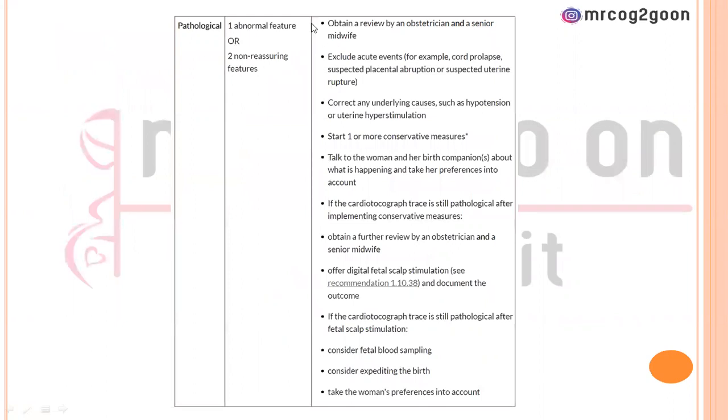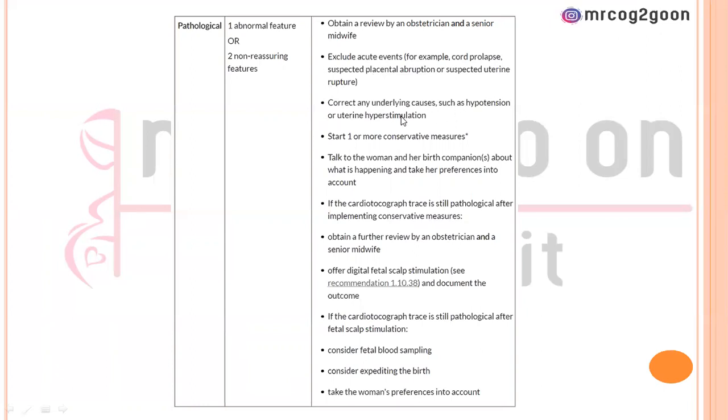Pathological: 1 abnormal or 2 non-reassuring features. So 2 non-reassuring or 1 abnormal feature, this is pathological. We will need review by the obstetrician or senior midwife. Always, he will tell you the midwife called you for assessment or for reassessment. Exclude acute events like cord prolapse, suspected placental abruption, suspected uterine rupture.